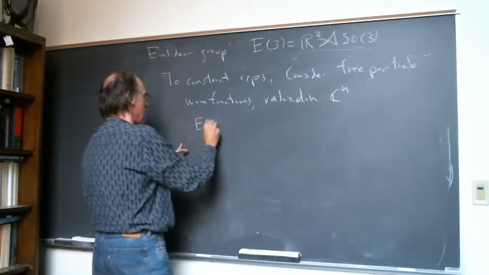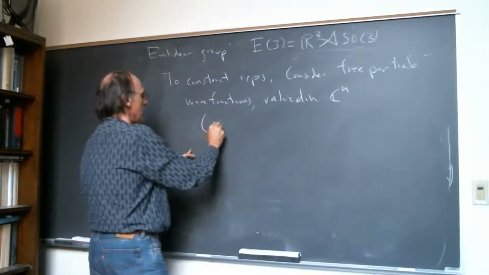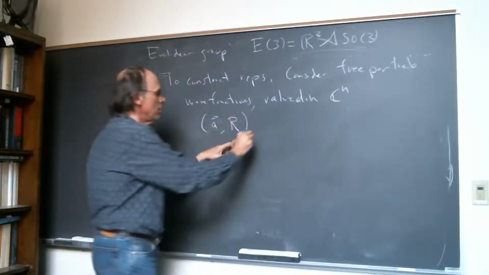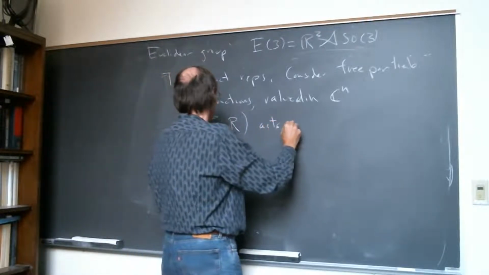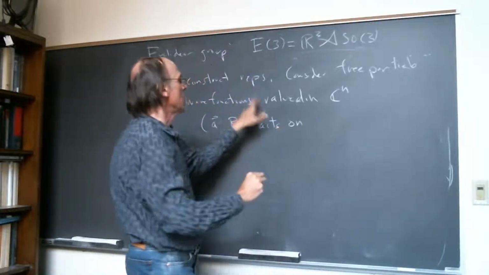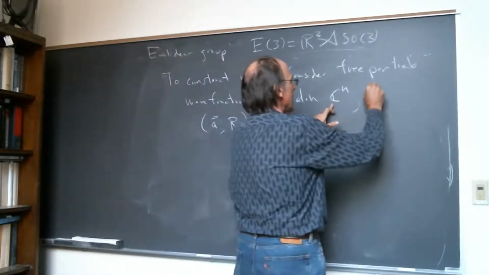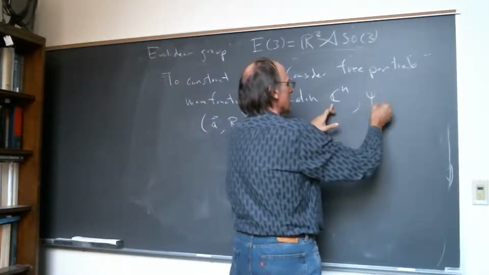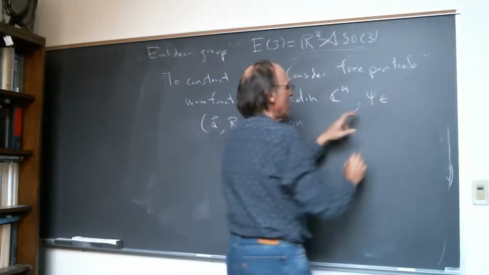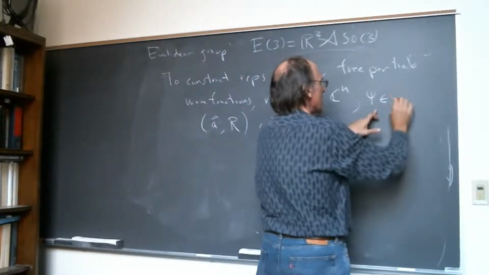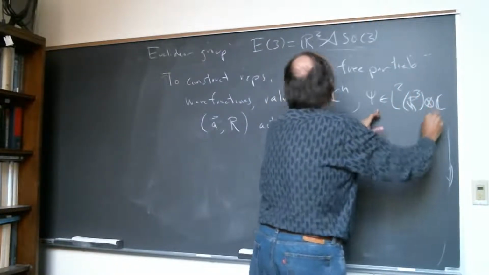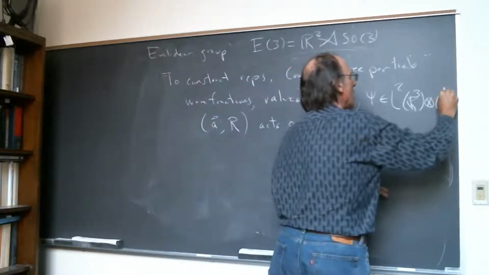So E3: you're translating by some vector, and you're doing some kind of rotation, acting on psi I, which are functions, let's say L2 functions on R3, tensored with some Cn.